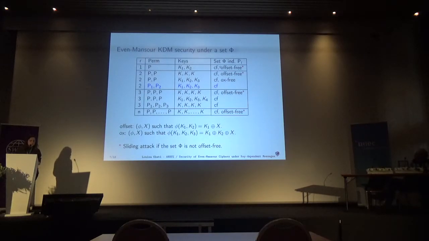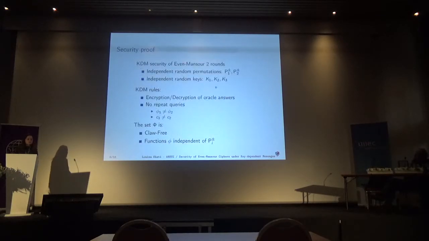And in the paper you can find all of these security proofs, but we will study this blue line, the security proof of the two-round Even-Mansour. And I will come back to this table later if we have time. For the security proof, we set some KDM rules, otherwise the adversary can easily attack.